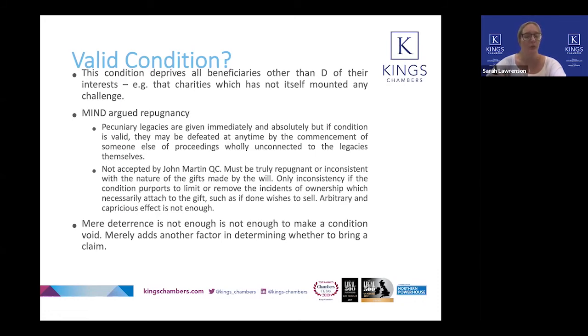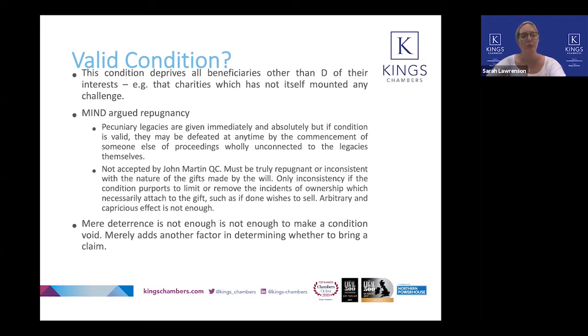Now, having heard what you have from Nathan, you'll be aware that in principle, repugnancy is very difficult to show. Mind argued here that there was specific repugnancy in relation to them, as I've already discussed, on the basis that they hadn't mounted any challenge. They were entirely innocent and had no control over the actions of the claimant.